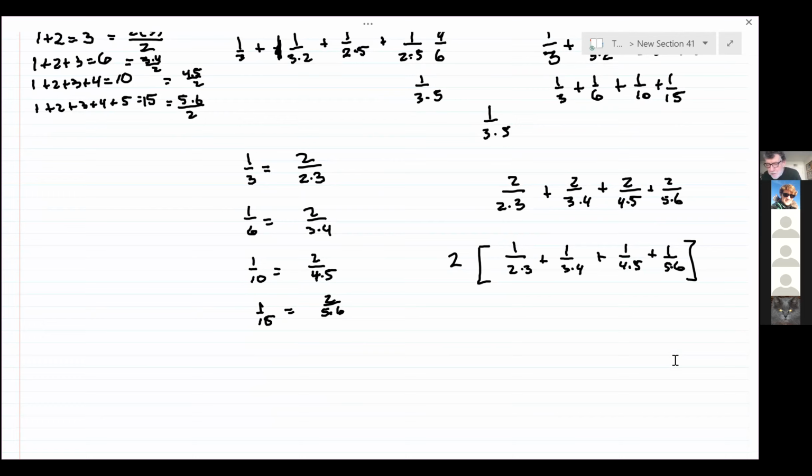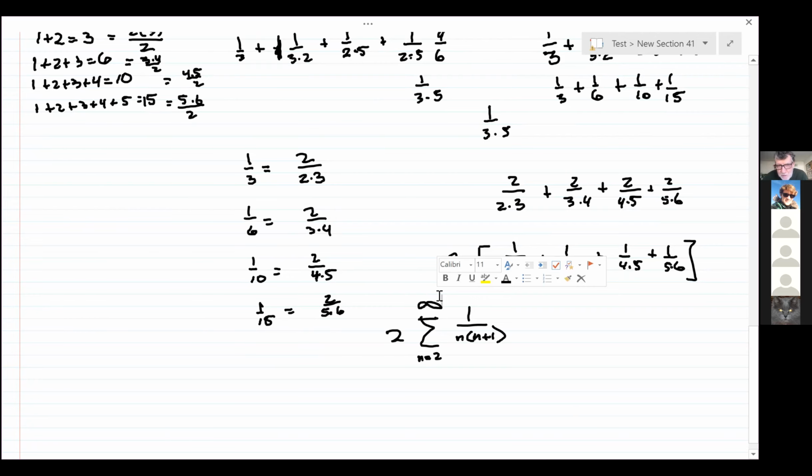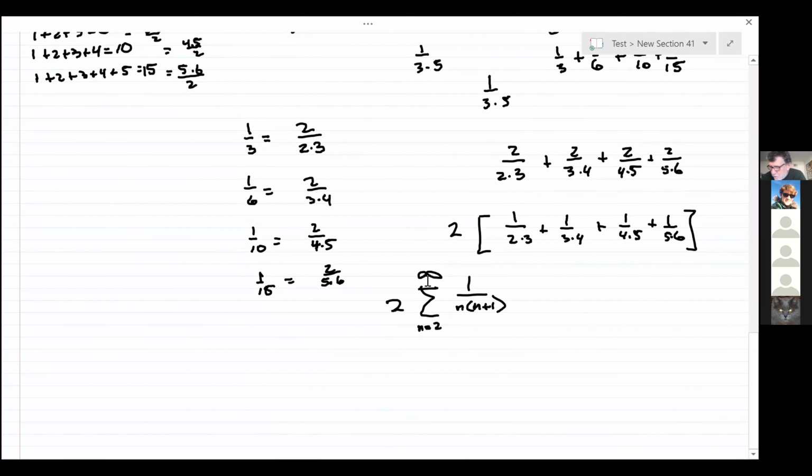And so what you're really doing is summing something that looks like 2 times the sum of 1 over n times n plus 1, where n could be thought of as starting from 2 on. Okay, so that's what you're trying to sum. And what we've done with this in the past is you can use a partial fraction decomposition.